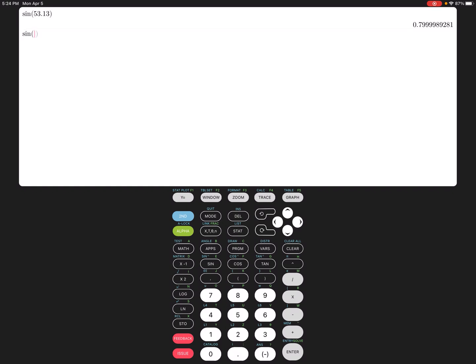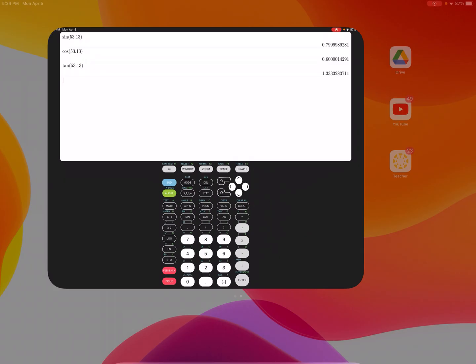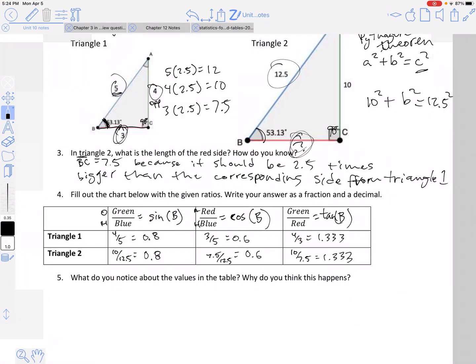Cosine of 53.13, we get 0.6. Tangent of 53.13, 1.3333, right? This is not surprising because the calculator has stored in its memory this relationship for angle 53.13. So really cool stuff, these trig ratios.